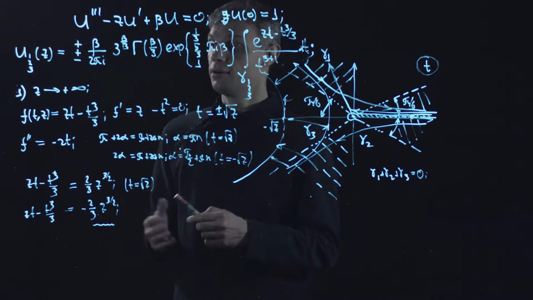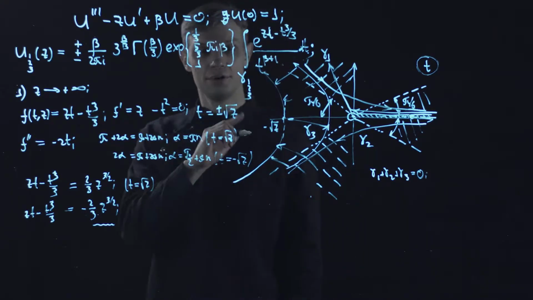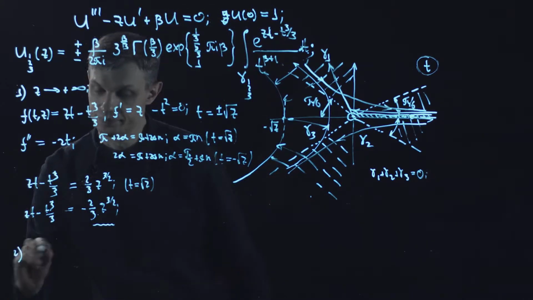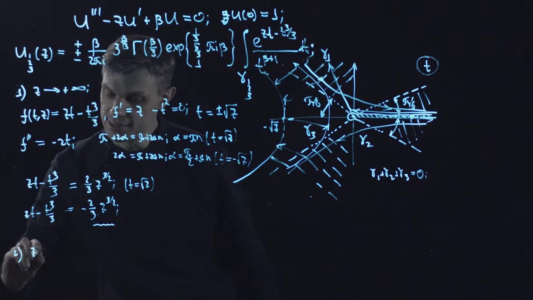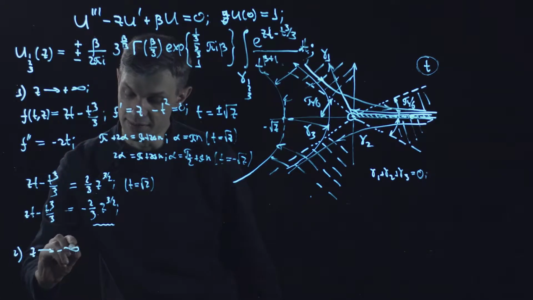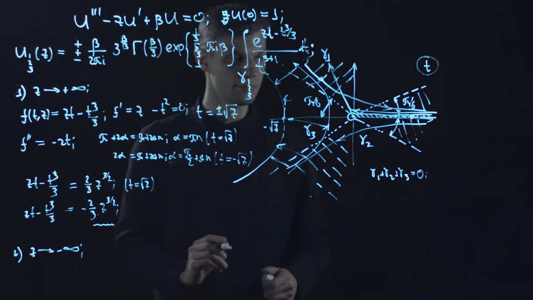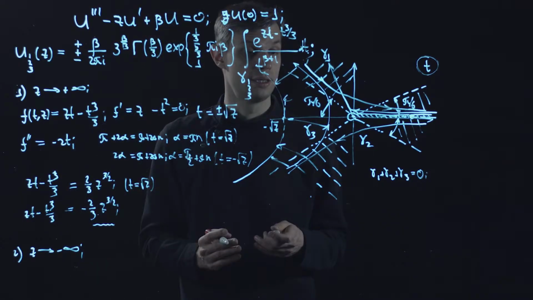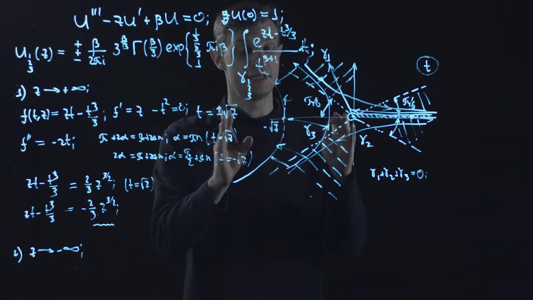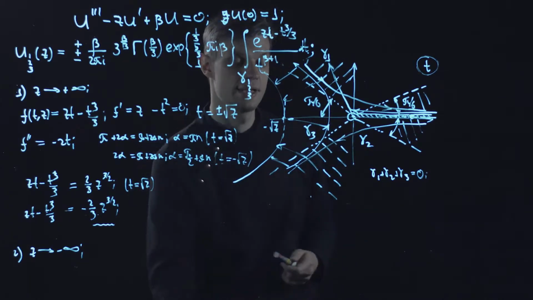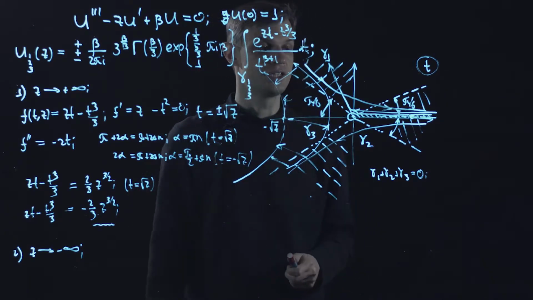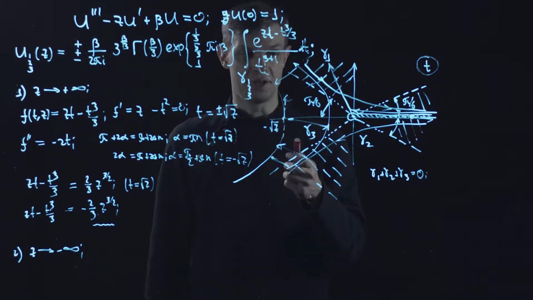Right, so now let's study a slightly more interesting case, where z tends to minus infinity. To this end, we need to slightly redraw the picture of all our saddles, because the saddles will change their position.